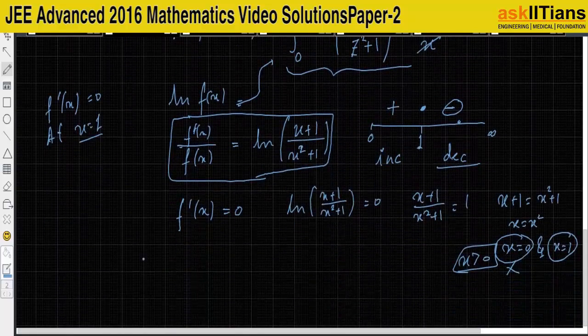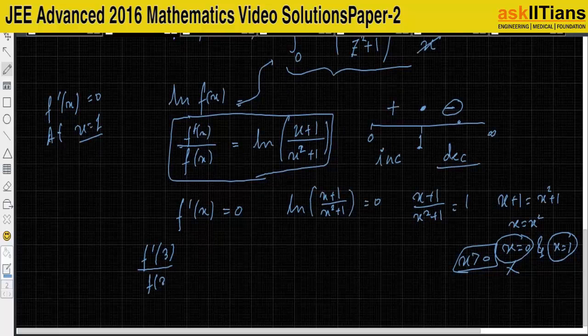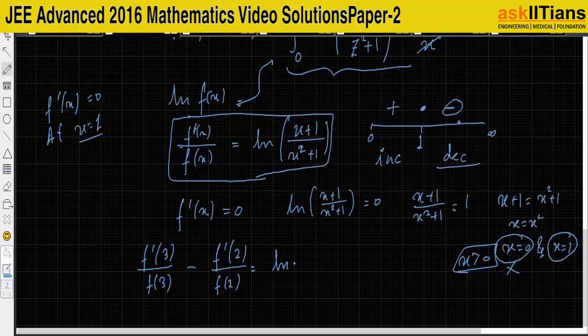Okay, what we have to check is, put x equal to 3, I'll get the value of f'(3)/f(3) minus... I have to find out the value of this quantity, right? So this will come out to be ln of, if I put x equal to 3, I'll get (3+1)/(9+1) = 4/10, minus ln of, here I'll get (2+1)/(4+1) = 3/5.